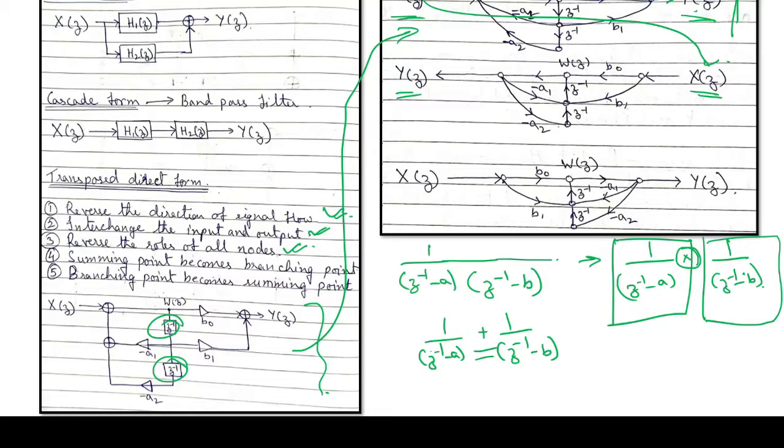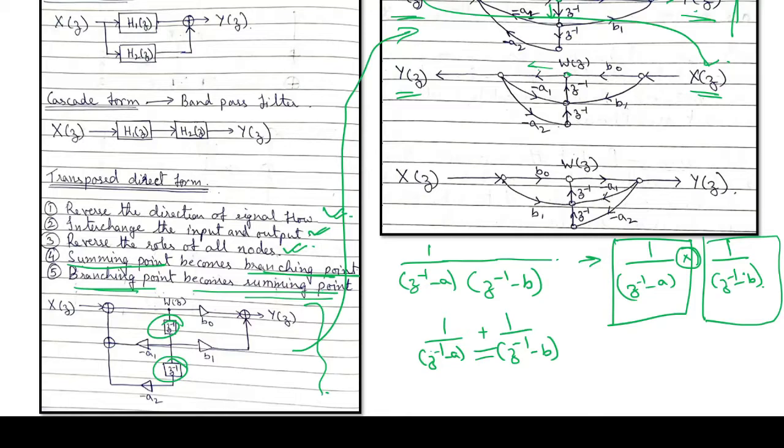If you see previously, if you look into this node, what was happening, it was a splitting node. That means a signal was coming, and from this node the signal was being split into two. However, if you look over here, now two signals are coming and we are getting an adder. Okay, so what does this mean? This means the summing points become the branching points, and the branching points become the summing points.